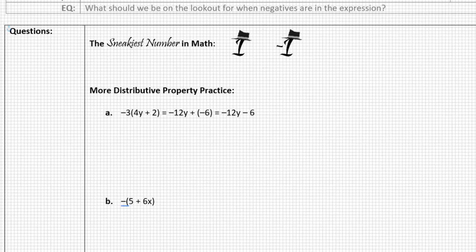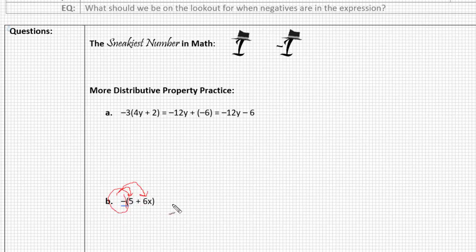Well, if you said it's hiding right here between the negative and the parentheses, I would agree with you. This really is a negative 1 that is hiding outside of those parentheses. So we have to remember that, and say, okay, if that's a negative 1, that is the factor outside of the quantity 5 plus 6x, and we want to distribute that through each term inside the parentheses.